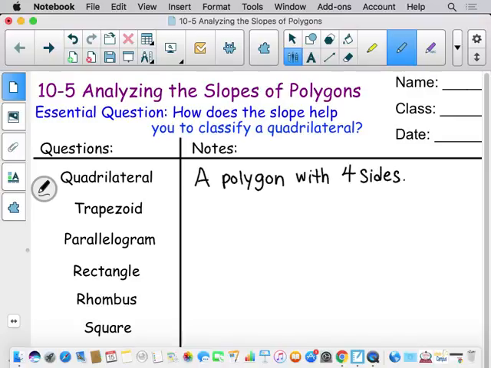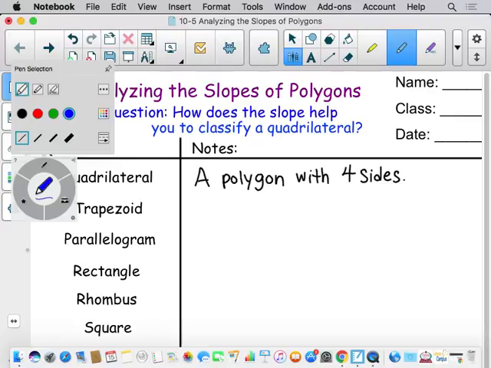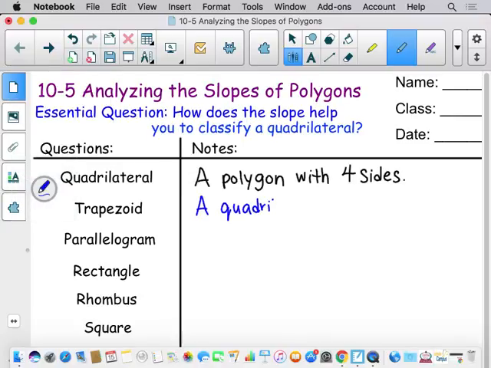The next five vocabulary words are examples of quadrilaterals. So a trapezoid is a quadrilateral. So that means that it has four sides. And one of the characteristics of a trapezoid is that it has one pair of parallel sides.